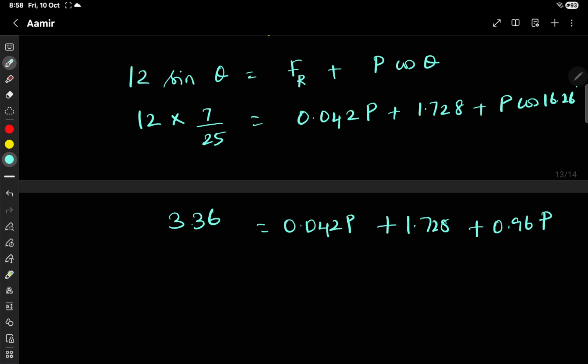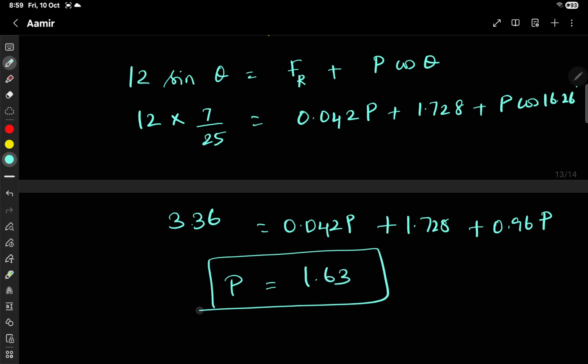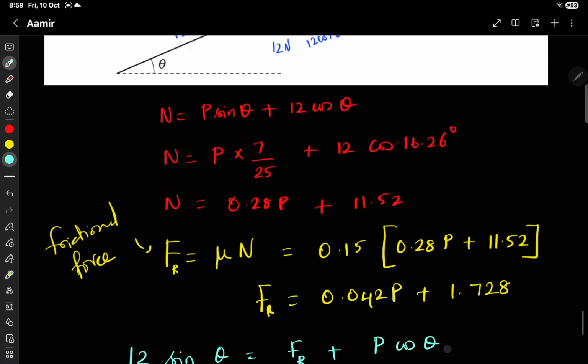So now if I calculate, the P value will be 1.63. So this is the minimum value of P we have to exert so that the block should remain at rest.